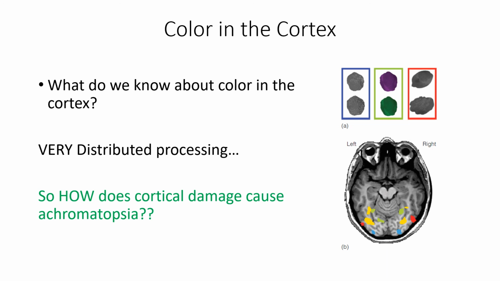So I asked the question here, one of those questions I don't expect a student to have an answer to: how does cortical damage cause achromatopsia? Because if it's really distributed, then how can specific brain damage cause a loss of color? Well, if you read the article on achromatopsia, which was just one of the choices, it's complicated. And what aspects of color vision those people are losing is also complicated. Is it memory for colors? Is it memory for colors of specific objects that I'm used to seeing in a particular color? Is it color constancy?